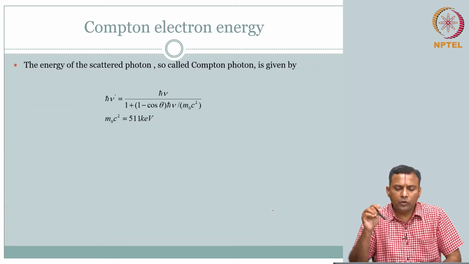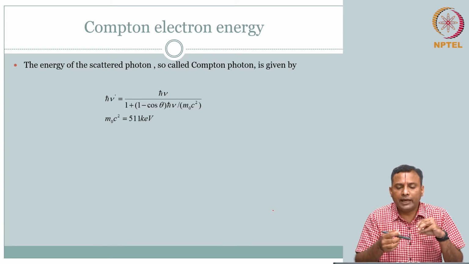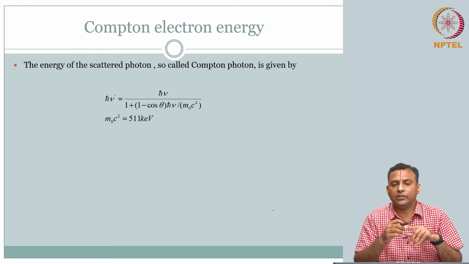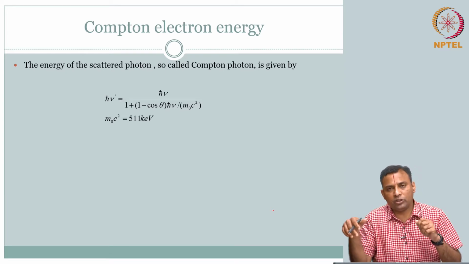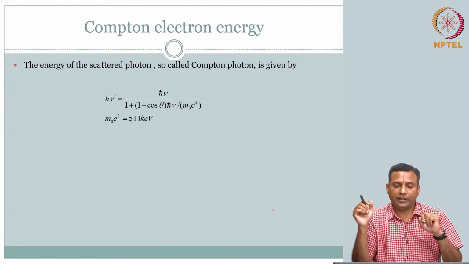So, just before we proceed ahead, let us look at this energy. Because we said Compton scattering gives a new angle and reduced energy, is there a relationship that we can form between the reduced energy, that is your Compton photon energy, and the angle at which it is getting scattered?